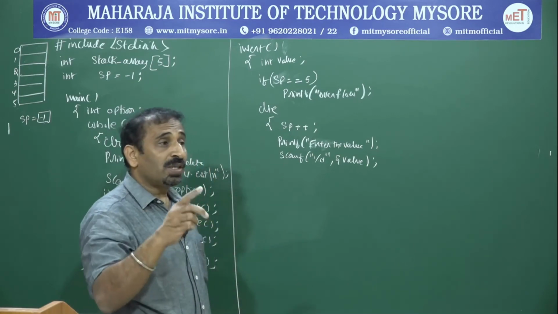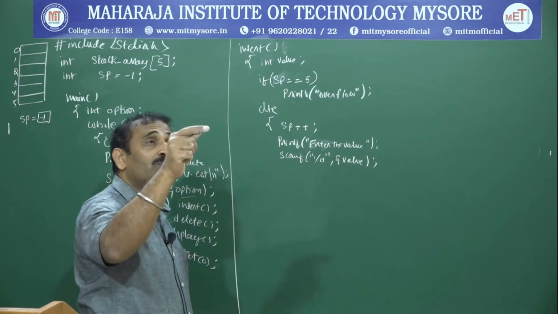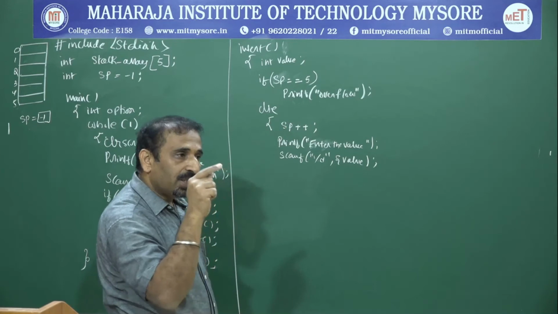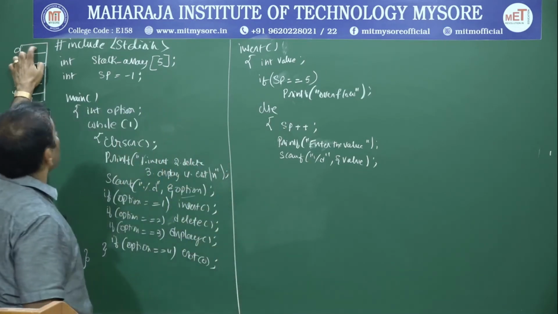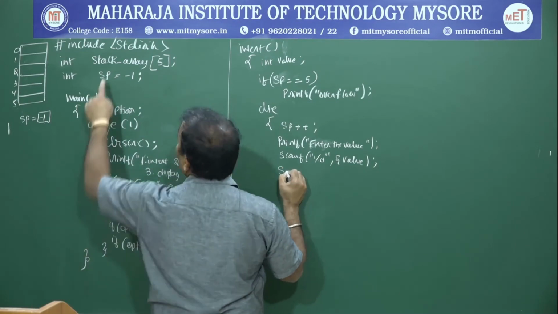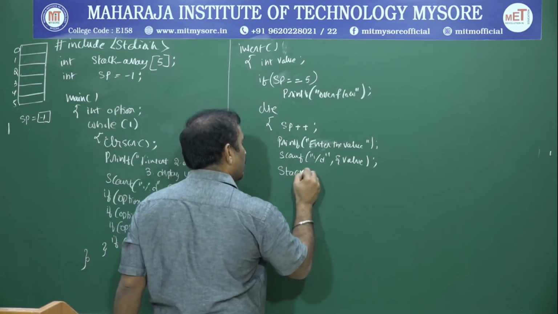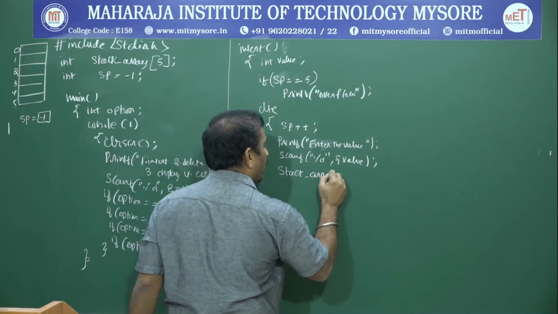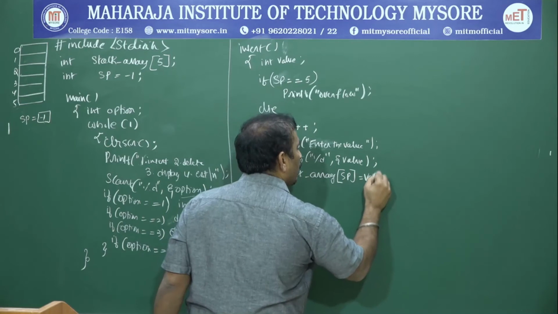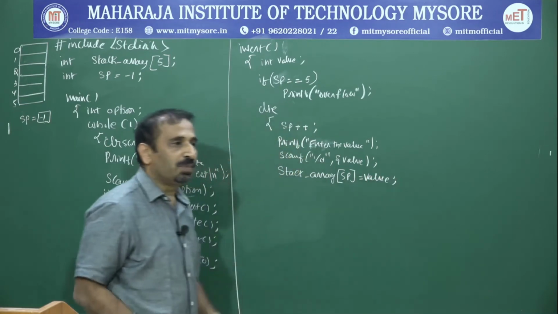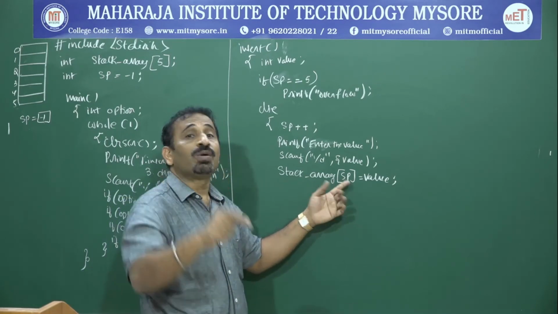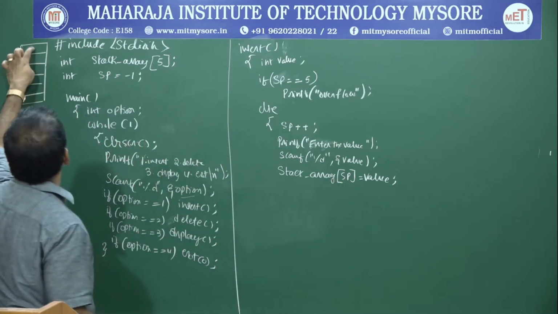What I told you, the third step is insert the value into the array at the position shown by SP. Now SP is showing the 0th position. So what you can do is stack array of SP equals value. Stack array of SP, SP is right now 0, so stack array of 0 means here.